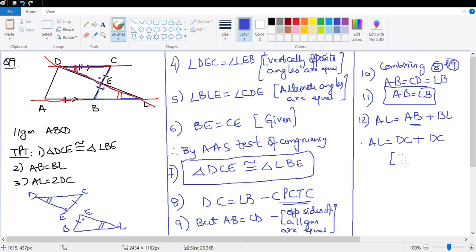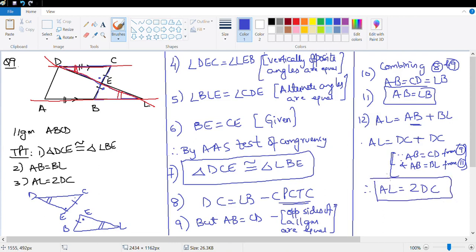Why? Since AB is equal to CD from 9 and AB is equal to BL from 11. So BL and AB are equal and AB and CD are equal. Therefore, AL is equal to 2DC. That's the last part that they wanted me to prove. That's also done.